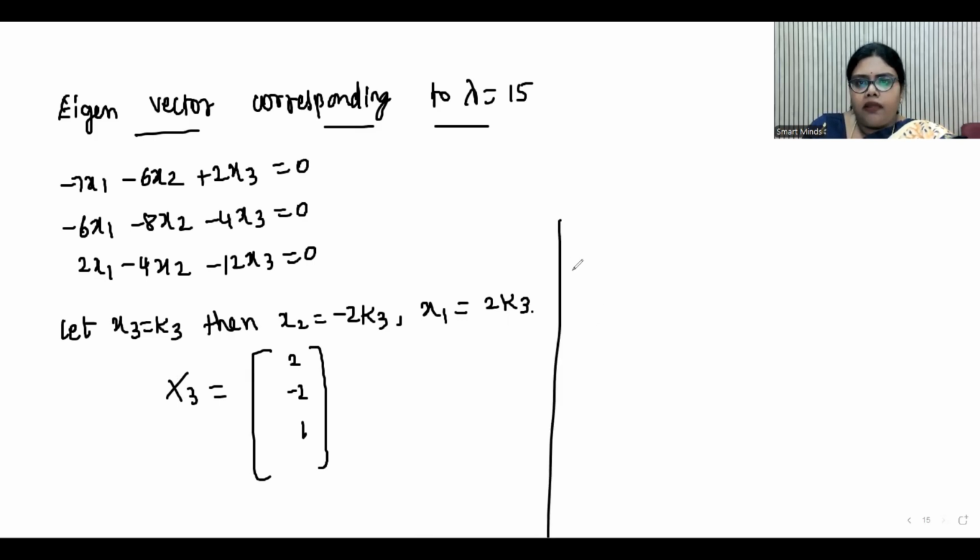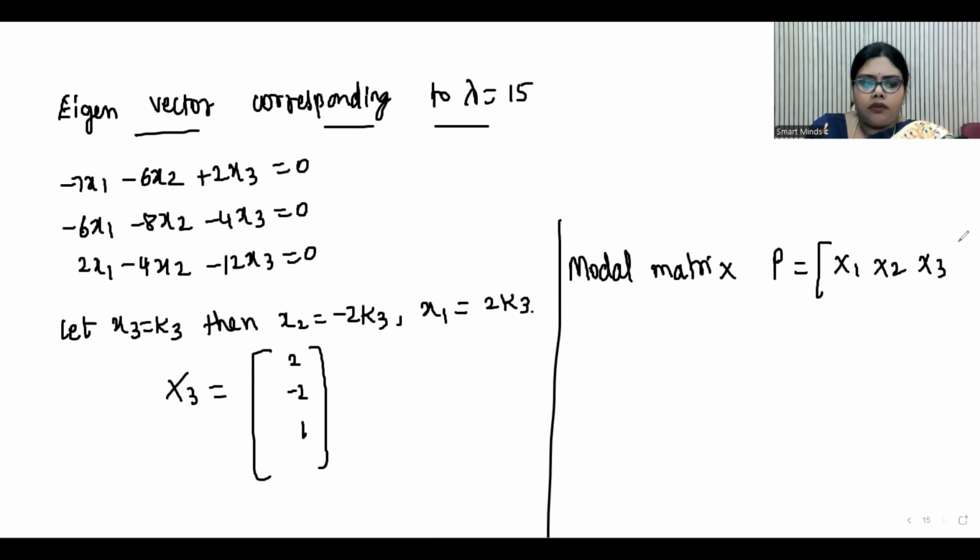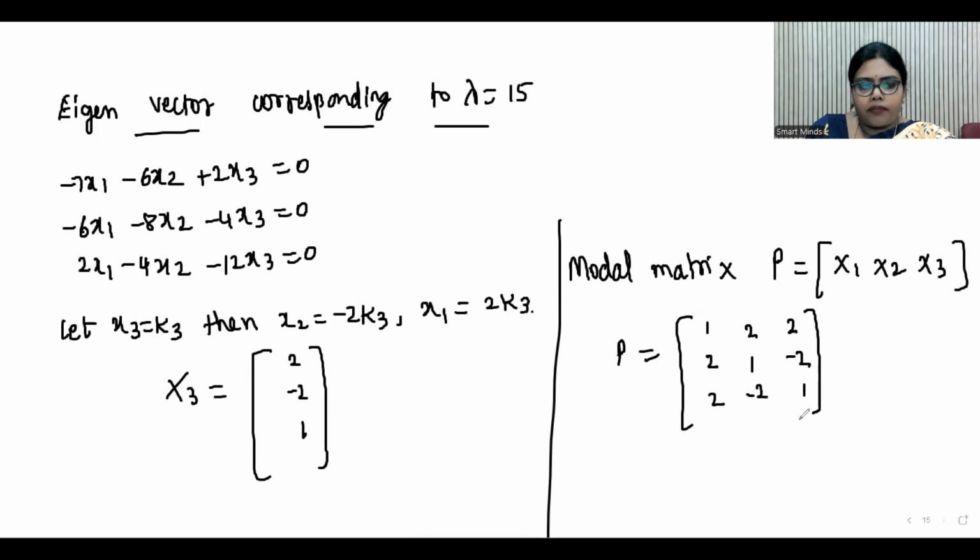Now we can name these matrices as model matrix. Model matrix P is x1, x2, x3. So P is equal to 1, 2, 2, 2, 1, minus 2, 2, minus 2, 1.